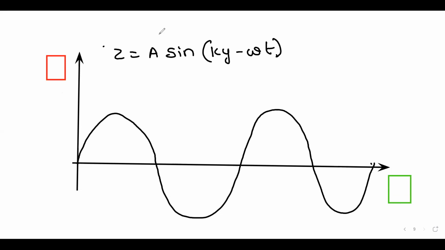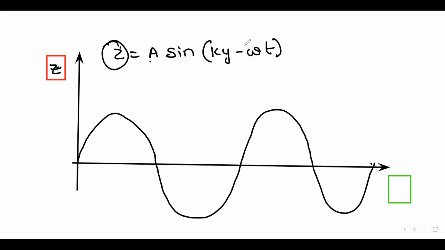See, look here. Here we have Z, right? So we have to write Z here. So wave is propagating in which direction? Y. Positive Y or negative Y?